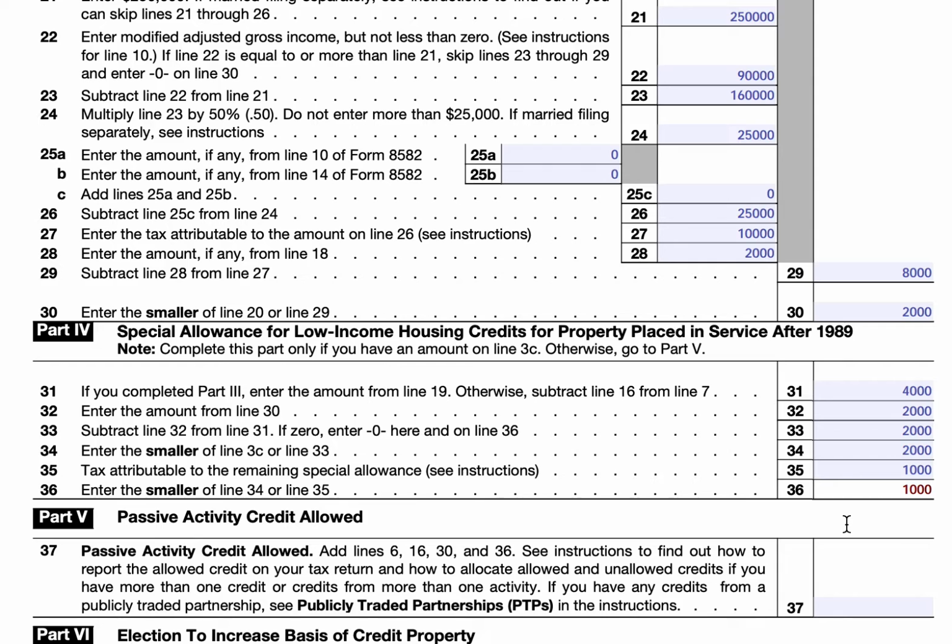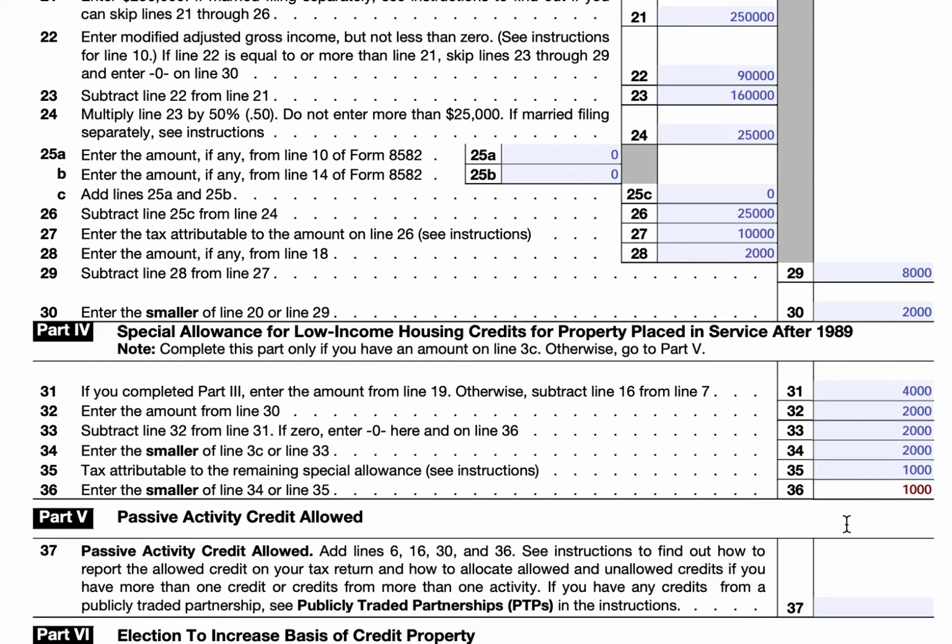So there are five different worksheets that might be applicable to part 5. Generally speaking, you'll complete one or more of those worksheets if you had an amount on either line 1C, 2C, 3C, or 4C, and you had tax credits from multiple activities.